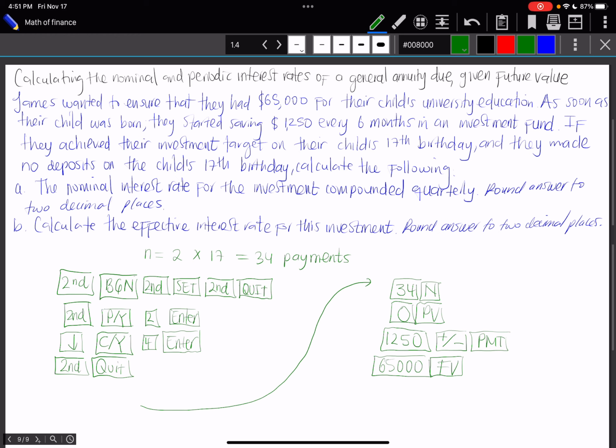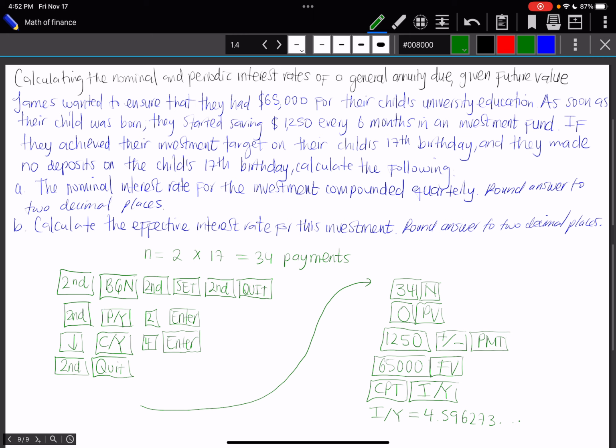Okay. And to find the nominal interest rate for the investment, what we need to do is click on CPT and then I/Y. That's going to give you the value that is the nominal interest rate, which should be something really close to the following number if you have followed along.